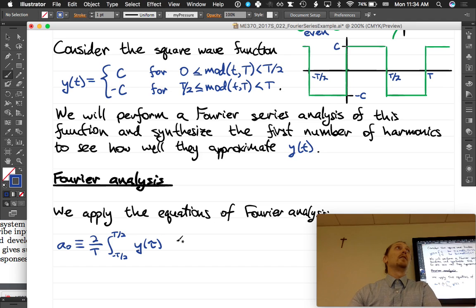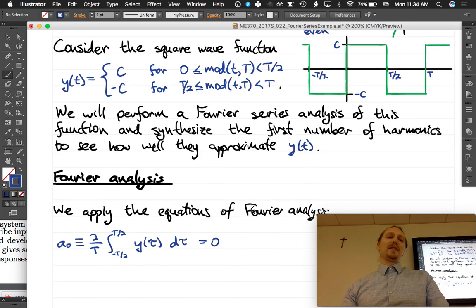Cosine of 0 is 1, so we're just going to get rid of it. Okay, what happens if you integrate this function from negative T over 2 to T over 2? What is it equal to? 0, right? Sweet. Love it when that happens.